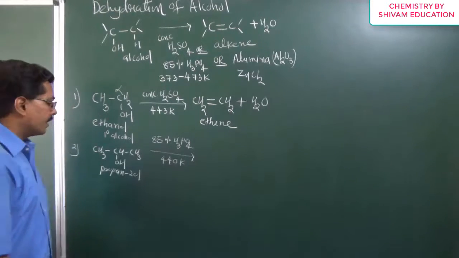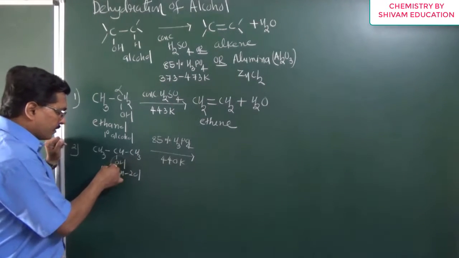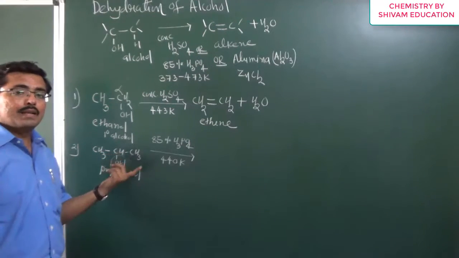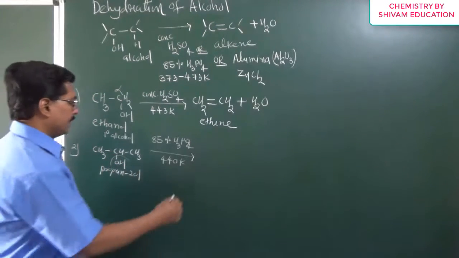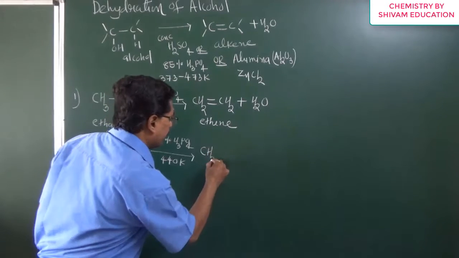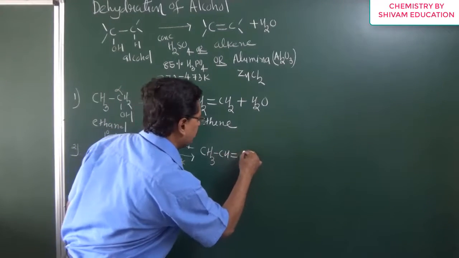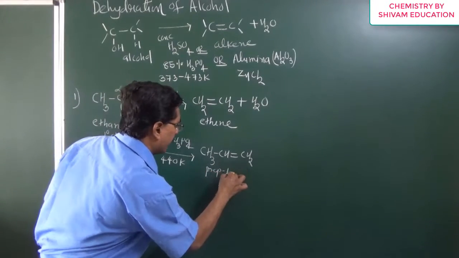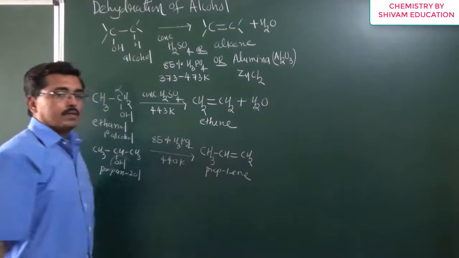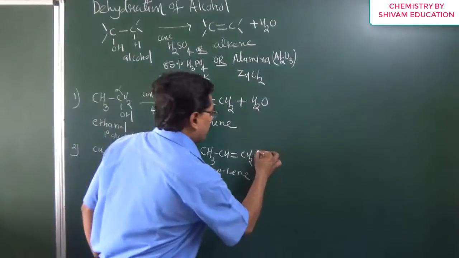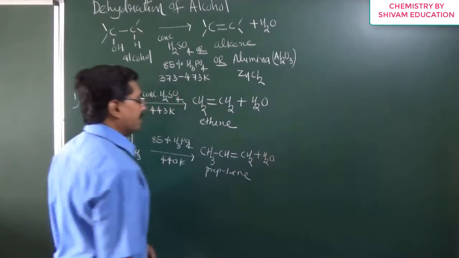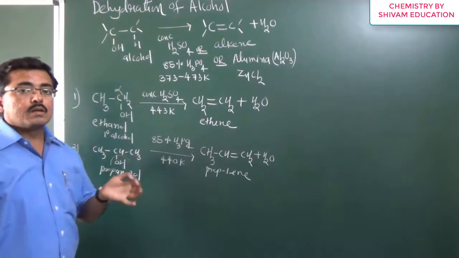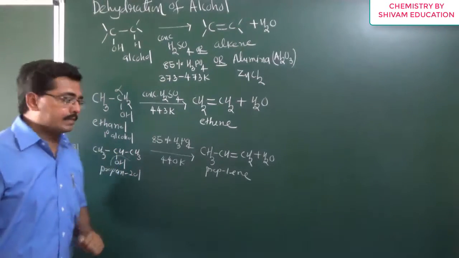The dehydration reaction occurs in this way: the hydroxyl group from here, and hydrogen from any one carbon atom can eliminate. As a result we get this structure CH3CH=CH2, known as prop-1-ene, and the byproduct will be water molecules. So you can conclude that as compared to primary alcohol, dehydration of secondary alcohol is easy.